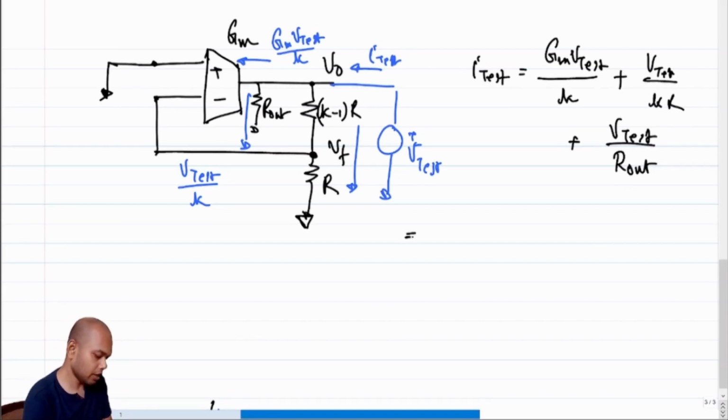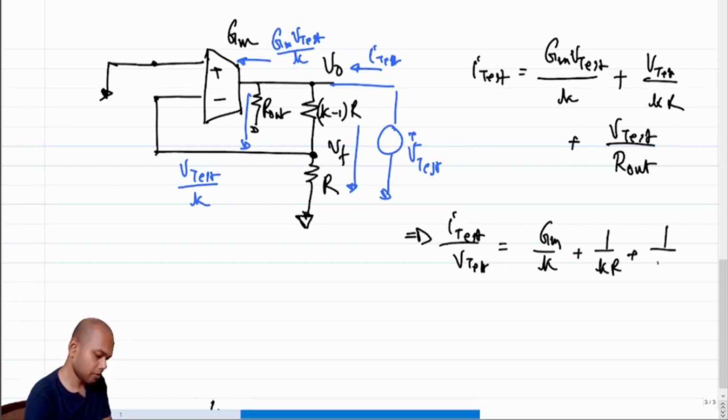Okay, so what is I test over V test? That is GM over K plus 1 over KR plus 1 over R out, right?